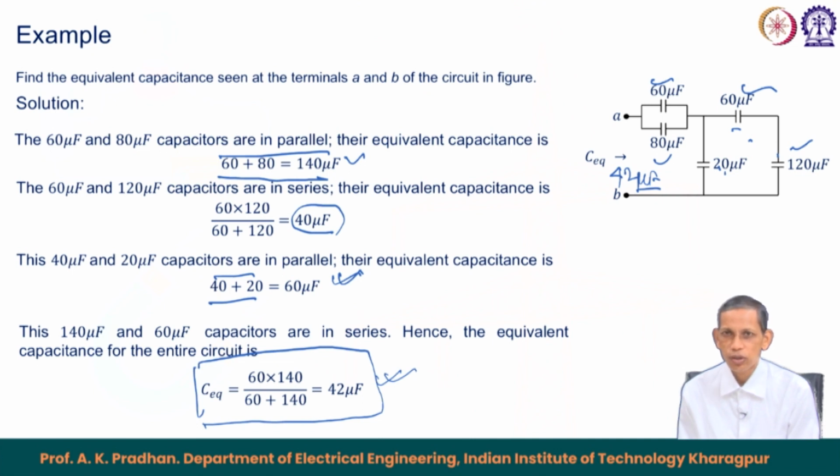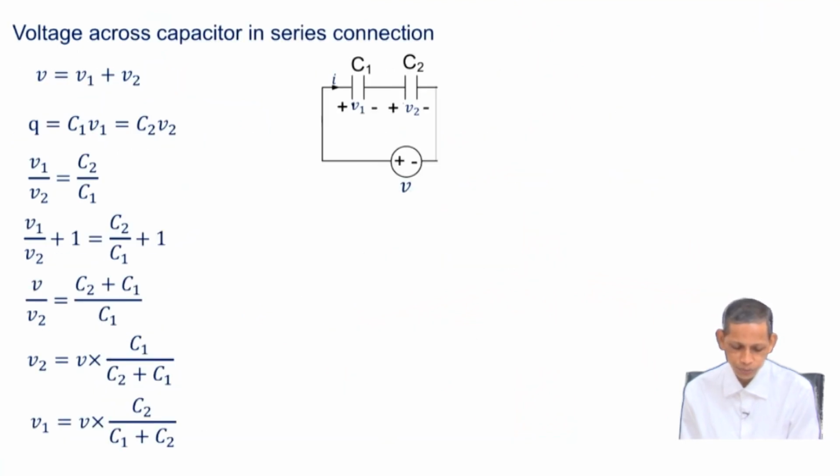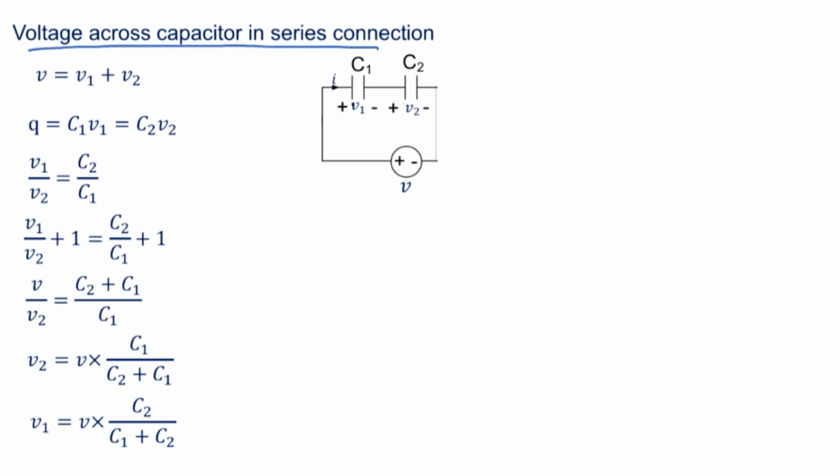We should note that this is the other way around compared to resistance combinations, series and parallel. Now the voltage across capacitors in series connection: let us say C1 and C2 are two capacitors. We have already seen the series combination, where C equivalent equals C1 into C2 upon C1 plus C2.